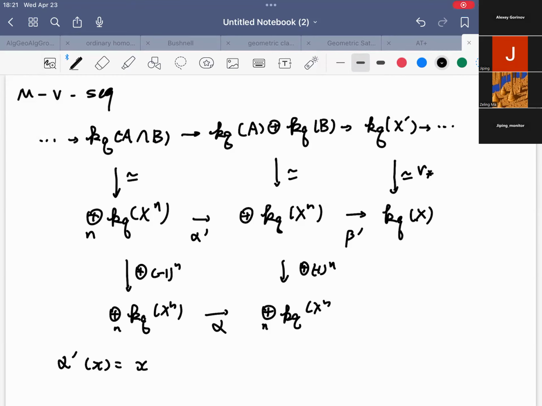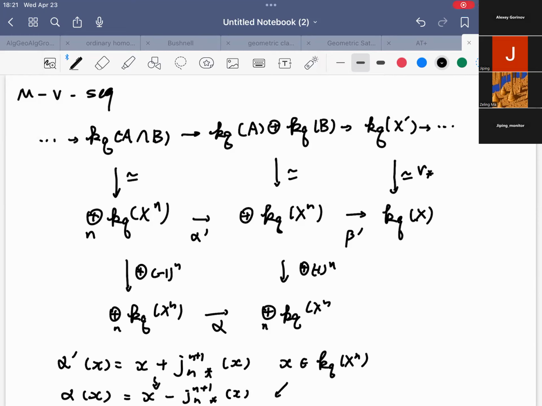So this is x plus, if you remember the notation, for x in KQ X, and when you apply the sum, you will get that F x is exactly x minus g_n plus i star x.